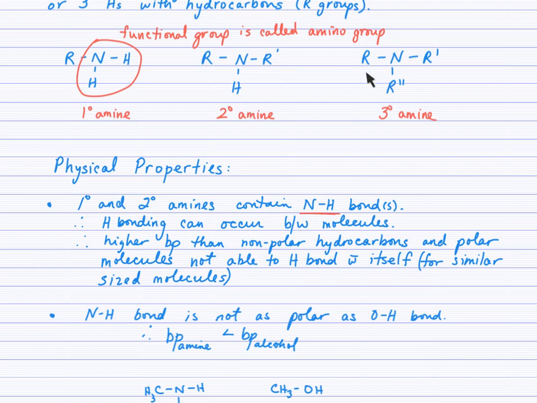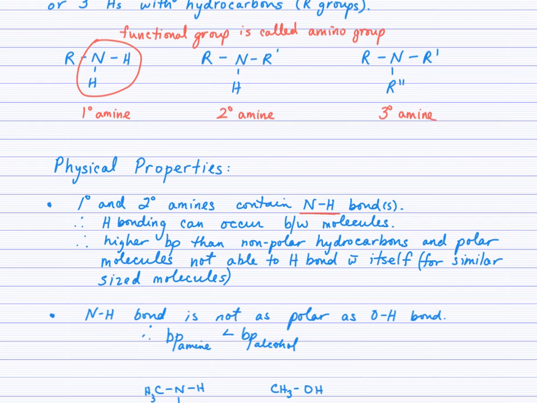You'll notice in the tertiary amine that there's no nitrogen-hydrogen bond at all, and so tertiary amines are not capable of hydrogen bonding. So we do see higher boiling points for these primary and secondary amines than we do for nonpolar hydrocarbons and even polar molecules that are not able to hydrogen bond with themselves.